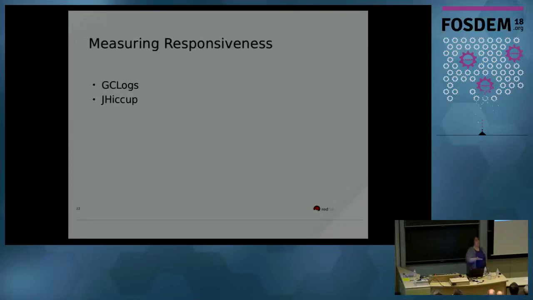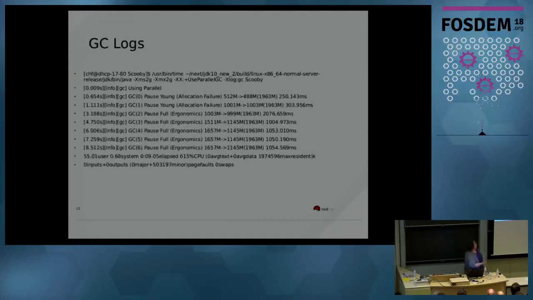All right, so this is the one that we really want to talk about. Now that we've got low latency GCs coming down the pike, what is the memory responsiveness? The tools are not as good as we would hope, right? We have GC logs and we have JHiccup. I'm going to go into what we really want soon, but this is what we currently have. You can look at the logs to see what the pause times are.